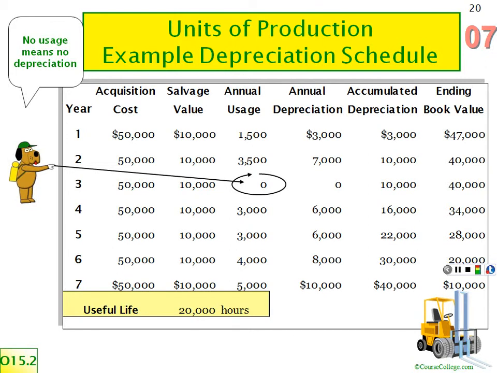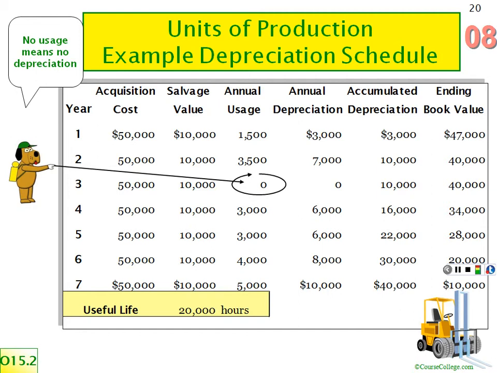But this is looking back at the end of all of those fiscal years for this forklift under units of production. We see annual depreciation runs all over the place. Even zero, theoretically, if it sat in the corner and didn't get used for a year for whatever reason. If you're sticking with the method, you're going to wait until it actually runs before you depreciate it.